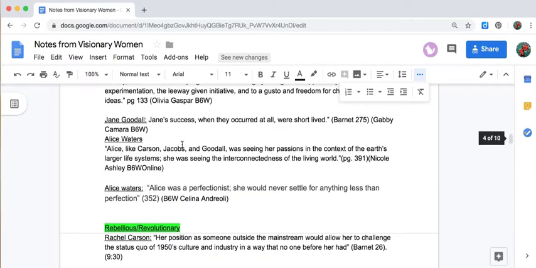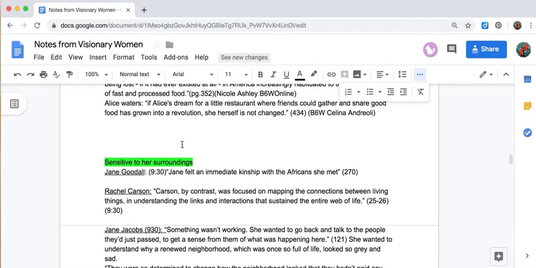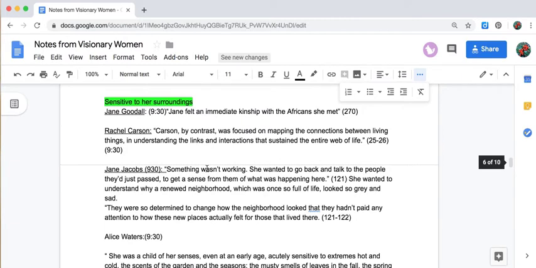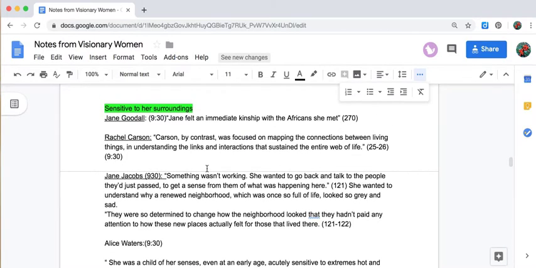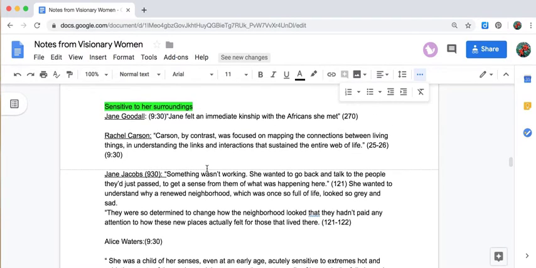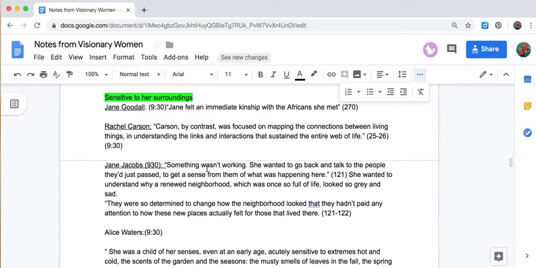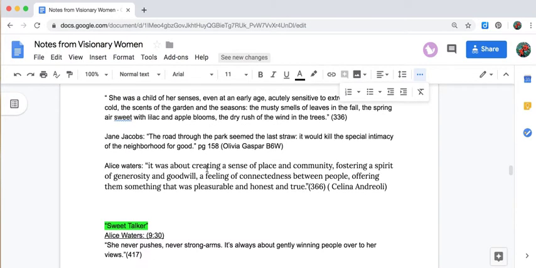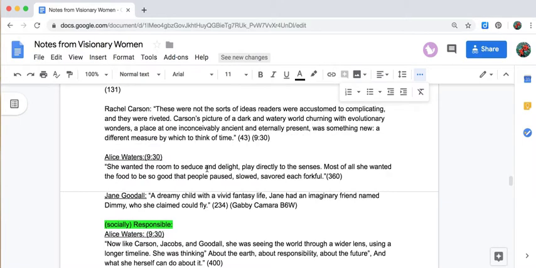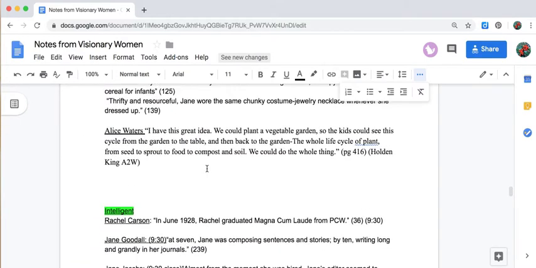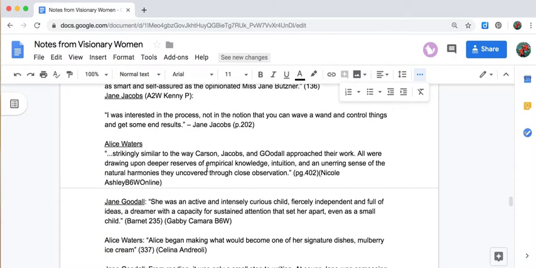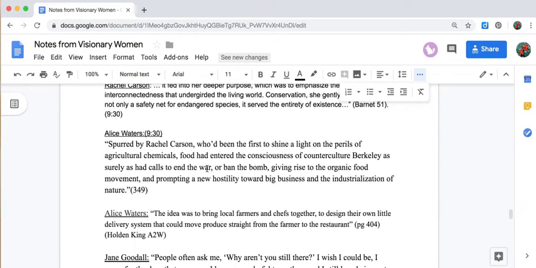Rebellious, revolutionary, sensitive to surroundings. I think that fits. There's a lot of talk about that for various senses for the different women, I think. Sweet talker, imaginative, socially responsible, intelligent, ecologically responsible.